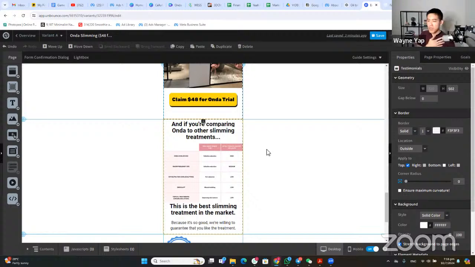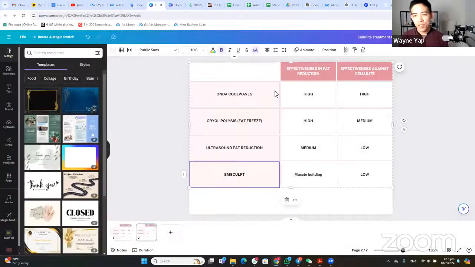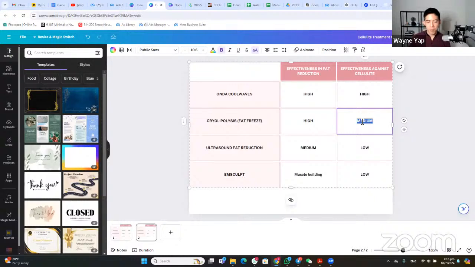I was thinking maybe a better one to put is no bruises and downtime. Because fat freezing usually bruises the area up a lot more. I think Onda doesn't, if I'm not wrong. Okay, yeah, I think that one is more of what people care more about.